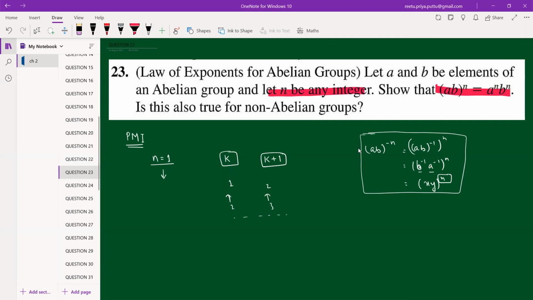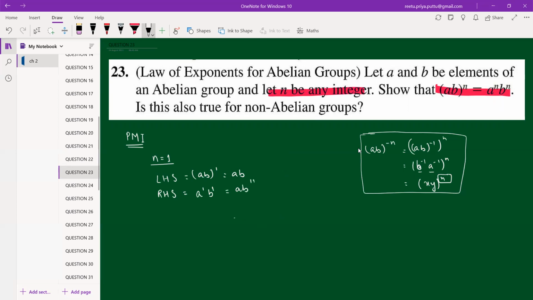So let's get started with the question now. For n equals 1, we have LHS equals (AB) to the power 1, which is equal to AB. Now for RHS, we have A to the power 1, B to the power 1, which is again AB. So this is equal.